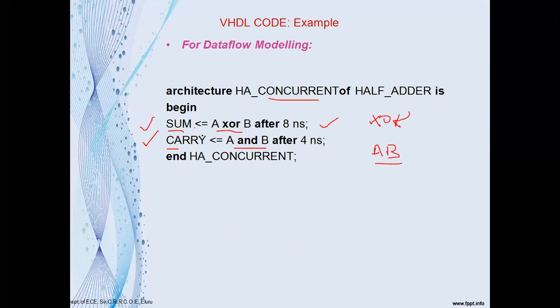The sum and carry are concurrent statements, not sequential statements, which means they are executed simultaneously, in parallel. Remember that for data flow modeling, we use concurrent statements.